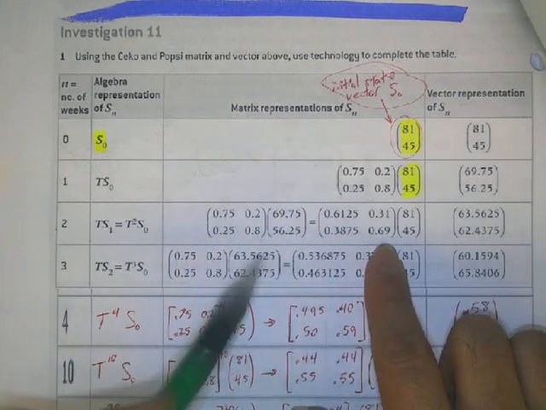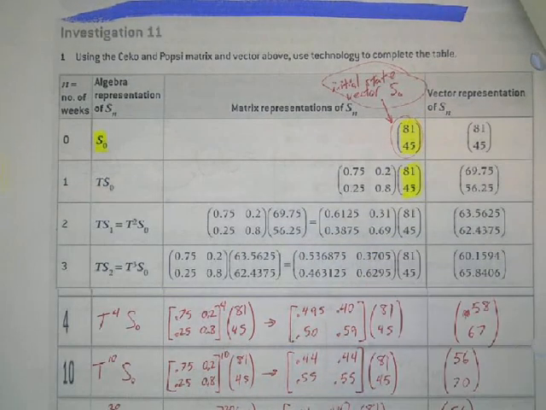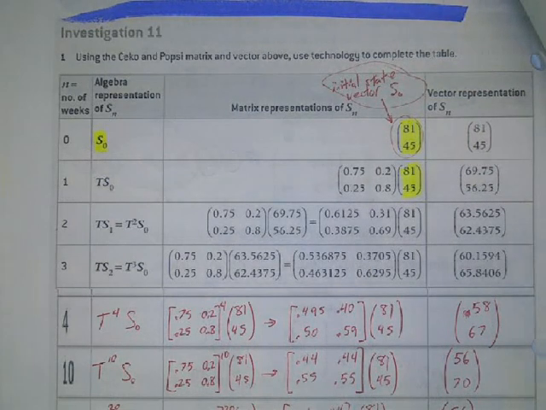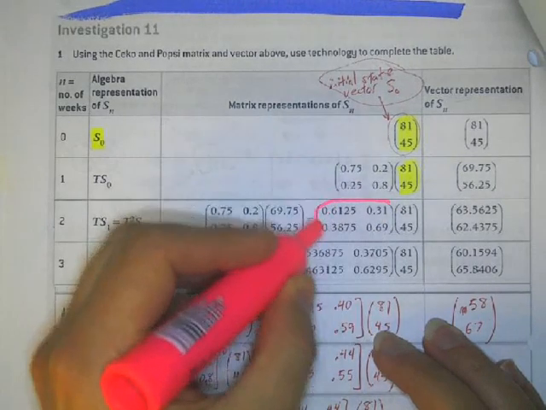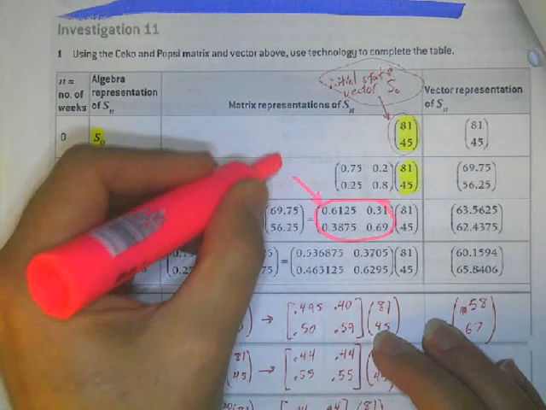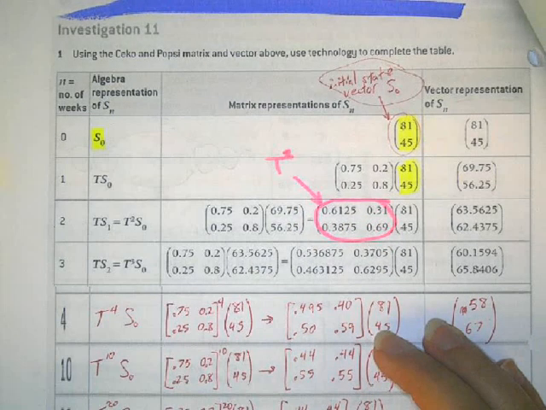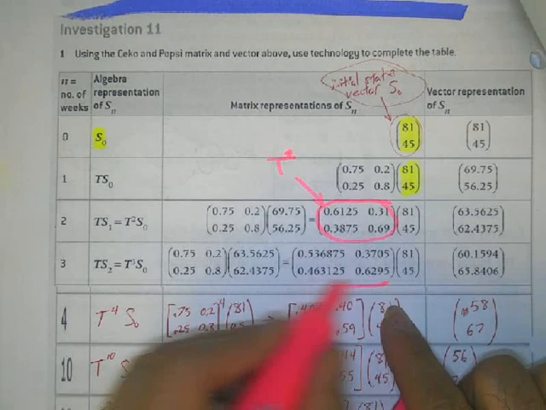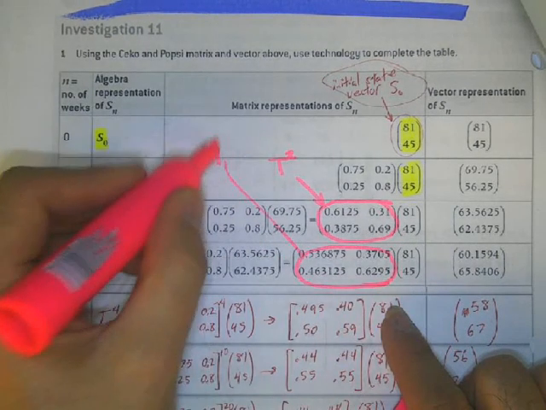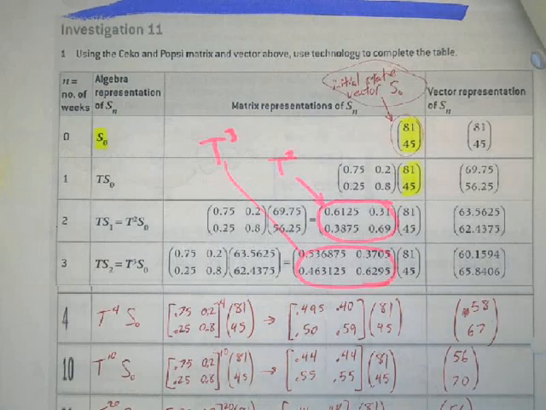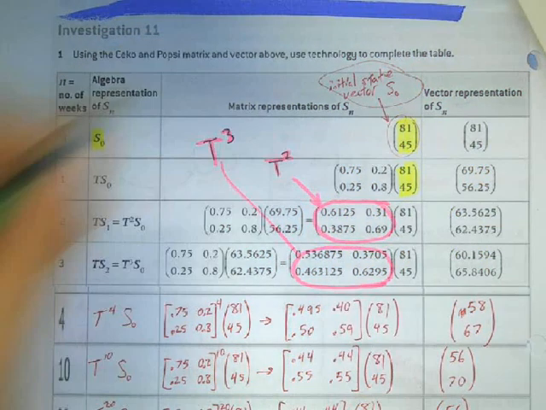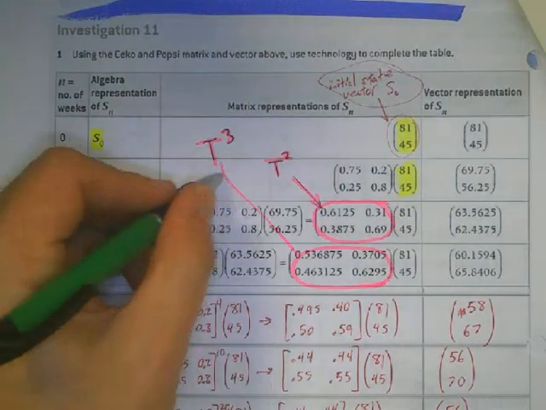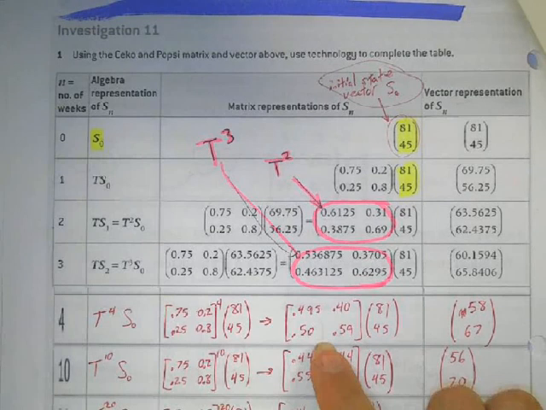So this matrix right here is the transition matrix squared, and this one here is the transition matrix cubed, and so on.